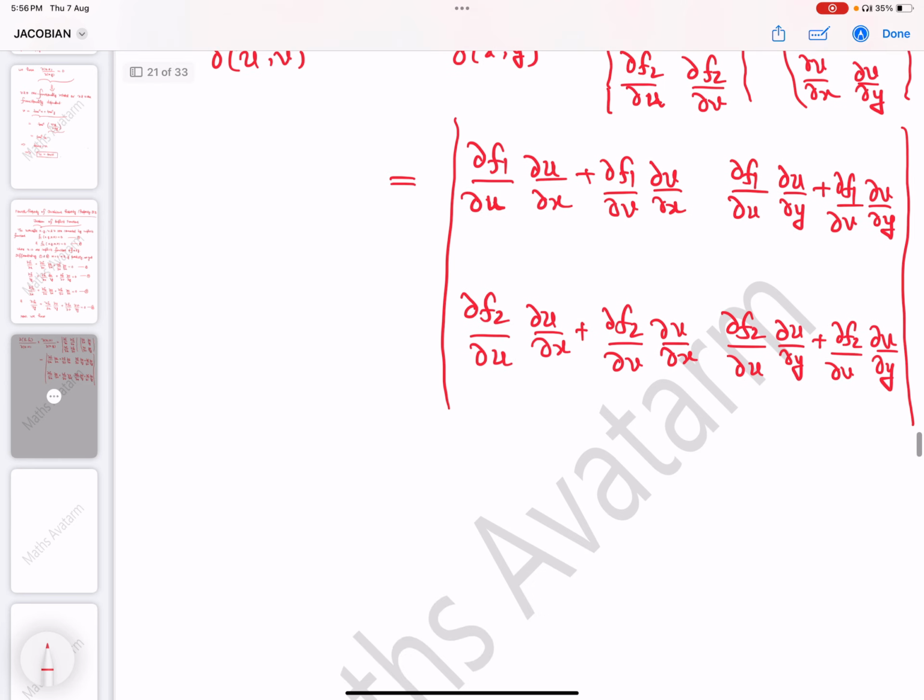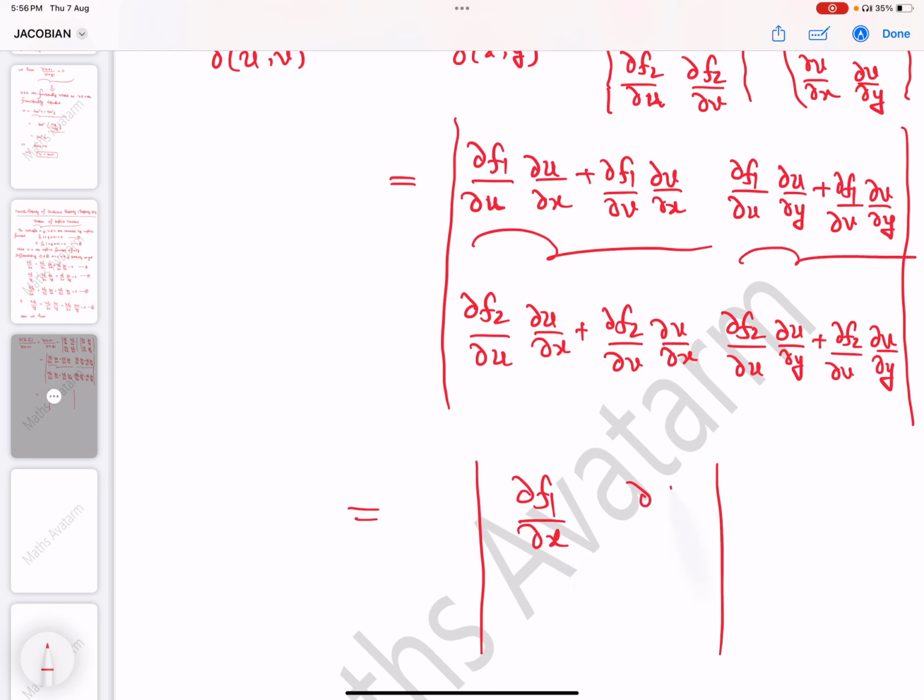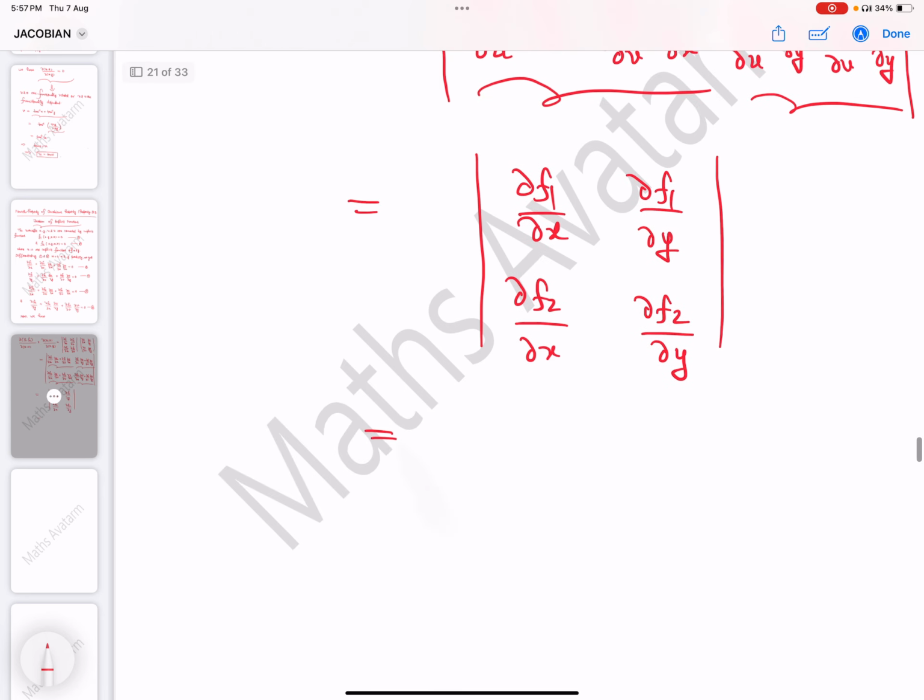Now, what is the value of this one? This is the value of del f1 upon del x. What is the value of del f1 upon del y? What is the value of del f2 del x? And this is the value of del f2 del y. So what is this actually?